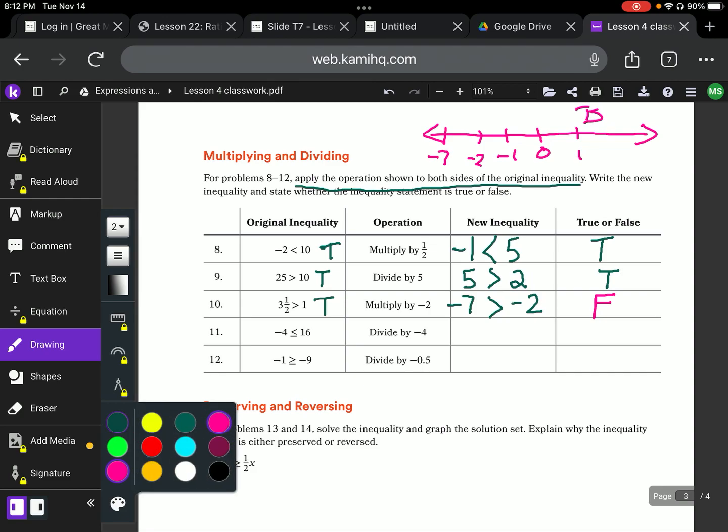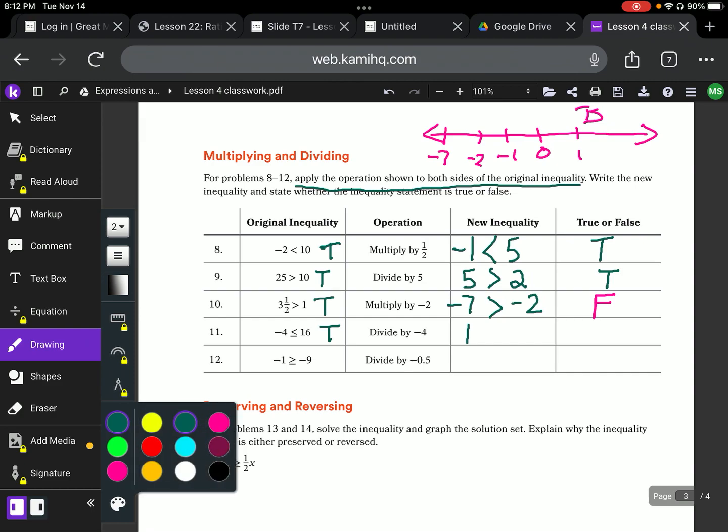All right, let's take a look at number 11. -4 is less than or equal to 16. That is true. Now let's divide by -4. -4 divided by -4, a negative divided by a negative is positive.